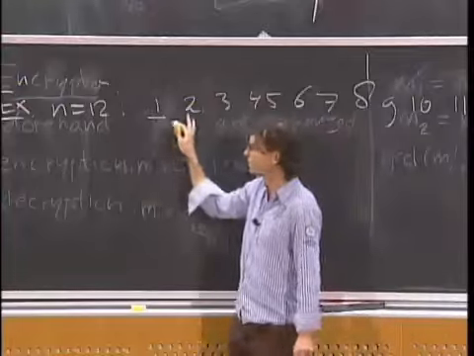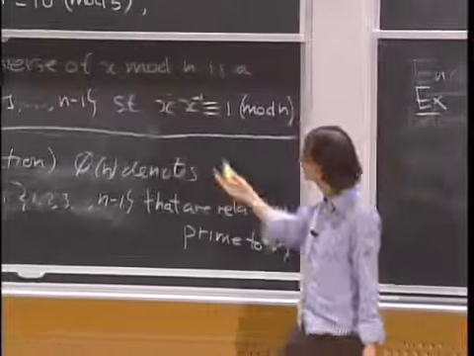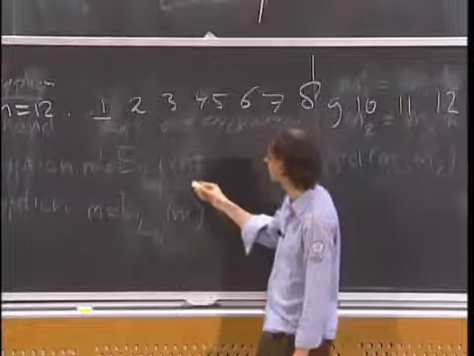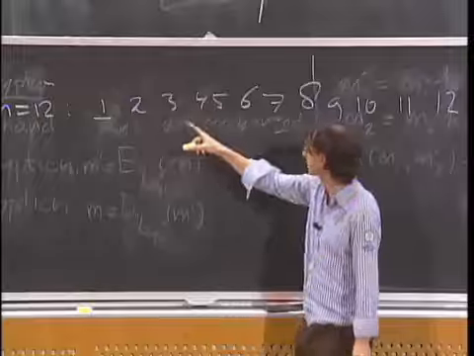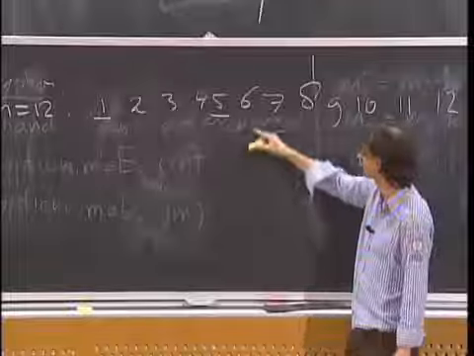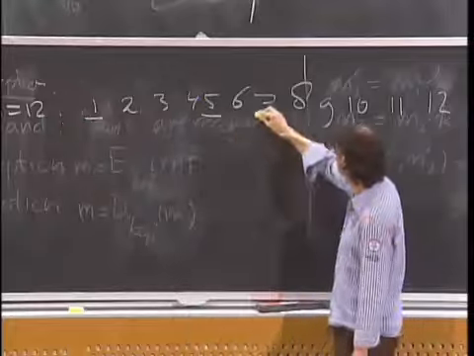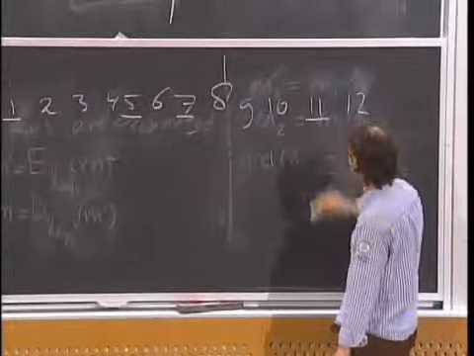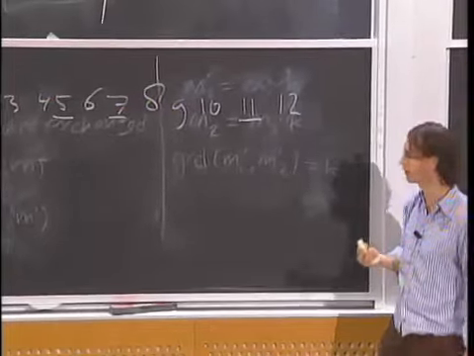The GCD of 12 and 2, well, both are divisible by 2, and so they're not relatively prime because the GCD is at least 2, in this case equal to 2. 3 also divides 12, 4 divides 12, 5 is relatively prime with respect to 12, 6 actually is dividing 12 as well, 7 is relatively prime, and 11 over here as well, and all the others have a greatest common divisor that is larger than 1.